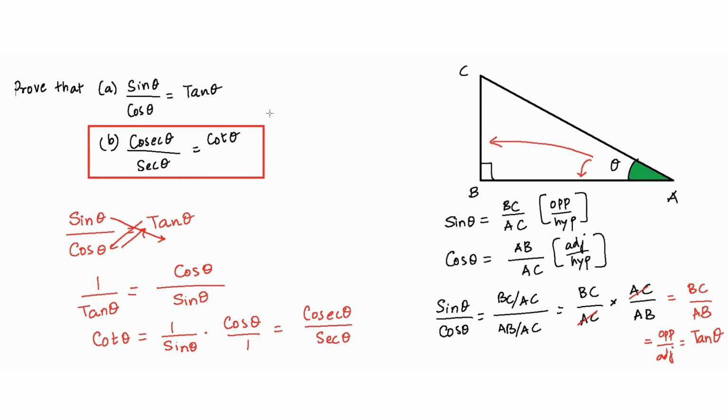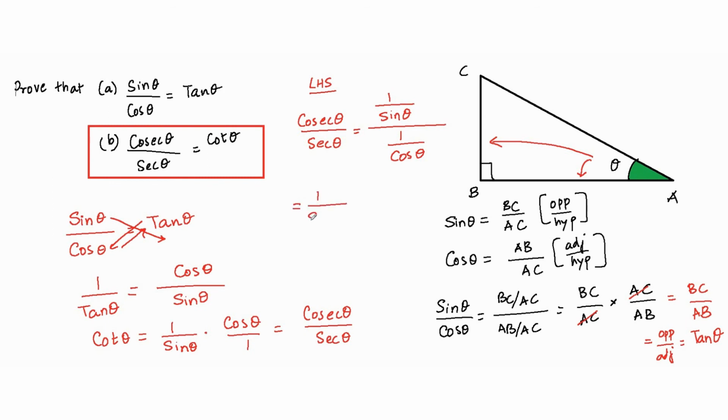The other way to show the second relation also would have been as follows. I can take the left hand side, which is cosec theta divided by sec theta. Cosec theta is 1 by sine theta, the whole divided by sec theta, which is 1 by cos theta. This is division of two fractions.